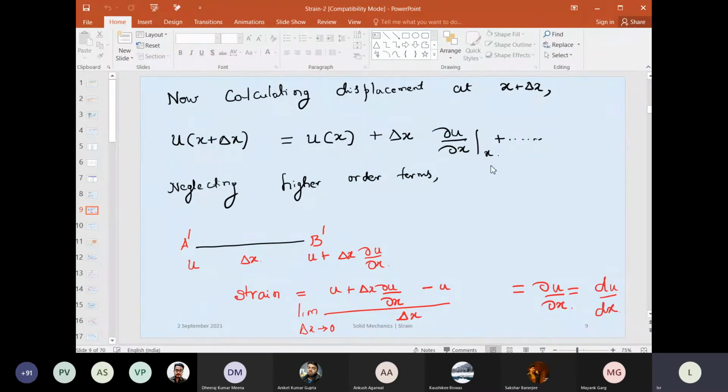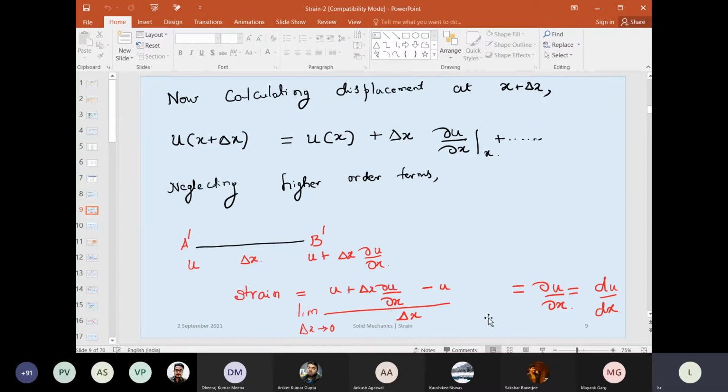We can stop our approximation here. Now we have strain: the total length A dash B dash minus the original length, divided by delta x, as delta x tends to 0. Usually nobody writes that, because it is understood that we are talking about strain at a point.